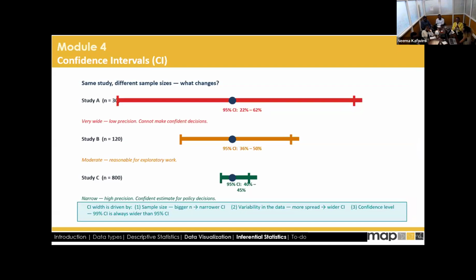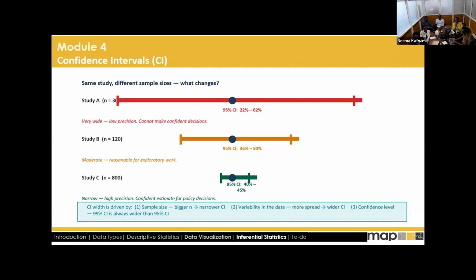So let's look at this: the same study, different sample sizes. We have study A, study B, and study C. Study A, they recruited 300, is it 300? I think it's 30. They recruited 30 observations and they got a confidence interval of 22 to 62%.